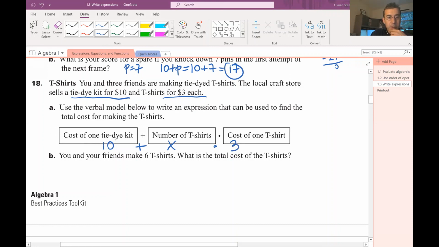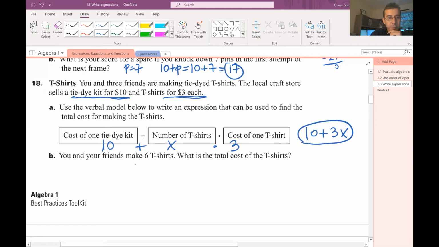So cost of one tie-dye kit, $10, so that's 10, plus number of t-shirts we don't know, that's X, or unknown. And then cost of one shirt is $3. So that's 3. So that's the expression. So 10 plus 3x.